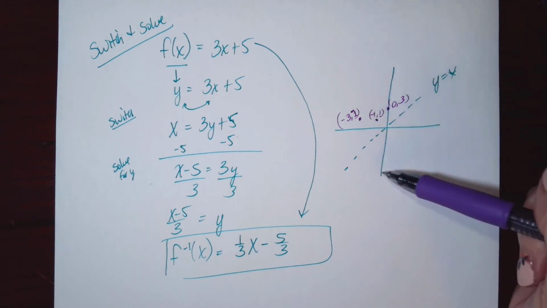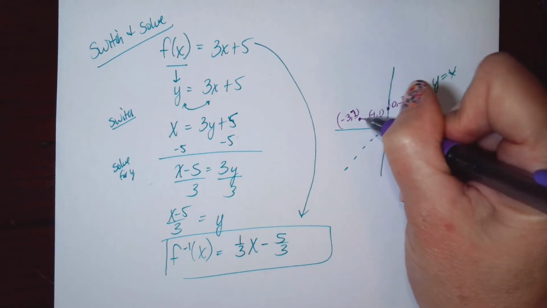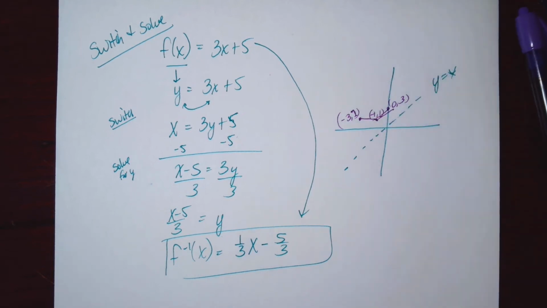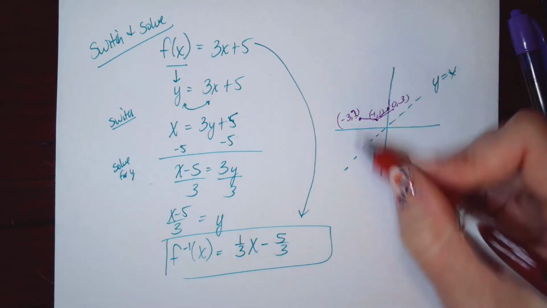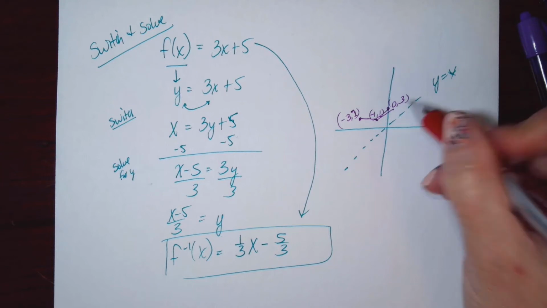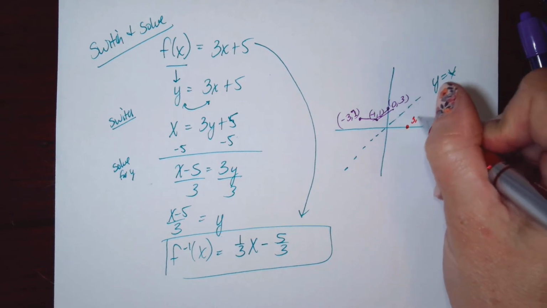If I'm going to invert these points, we can even connect those points if we want, but if I'm going to invert that, I'm going to reflect those points across the line y equals x, and I switch the domain and range. So my point 0, 3 becomes 3, 0.